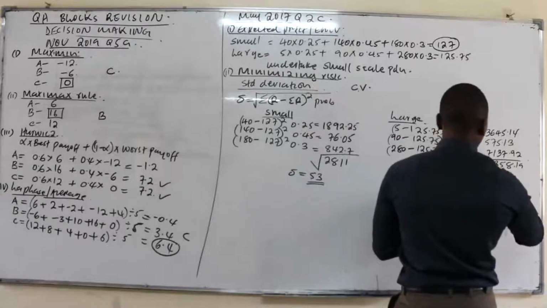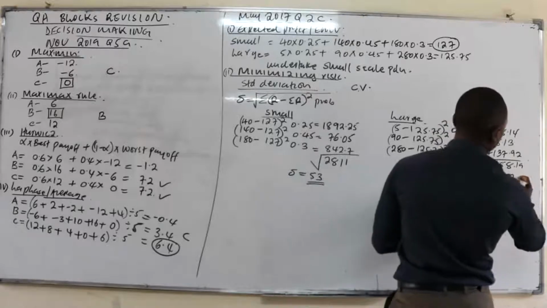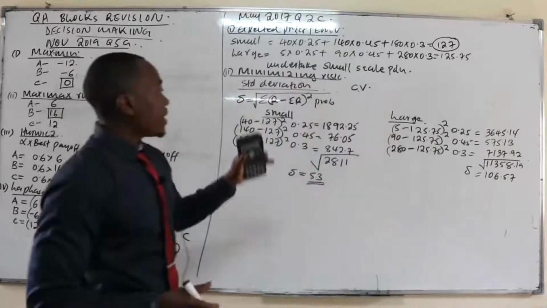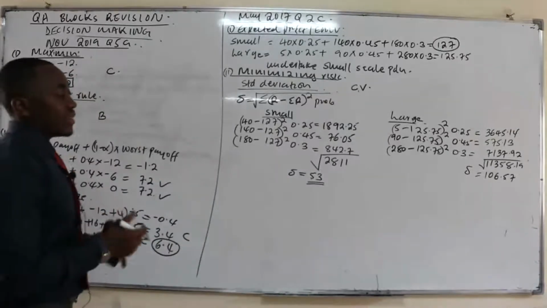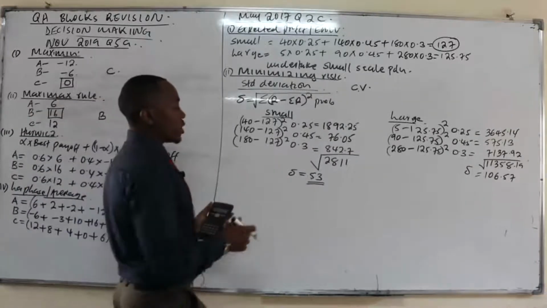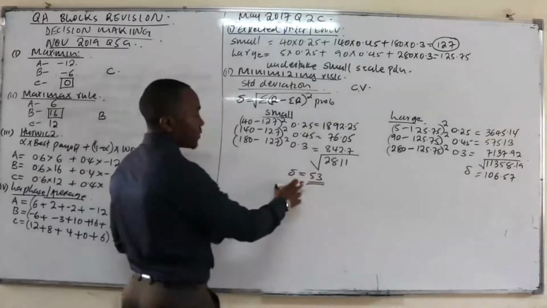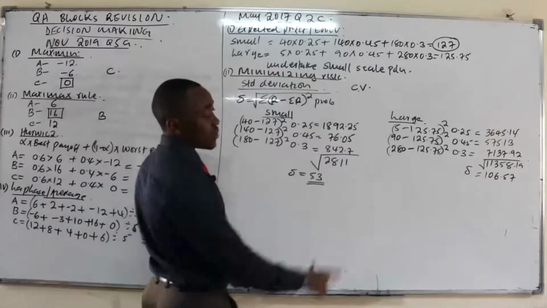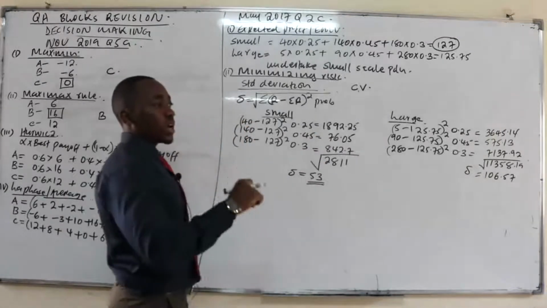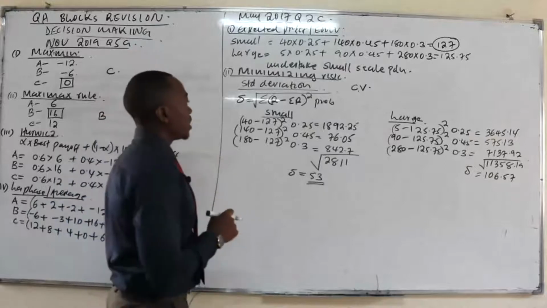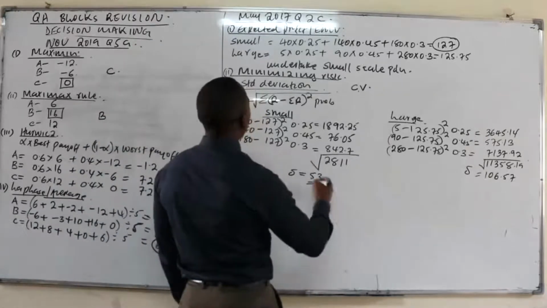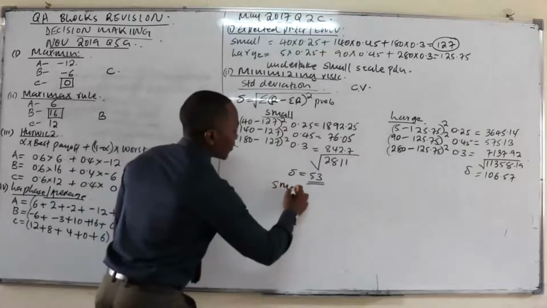You get 106.57. Remember, the standard deviation is a measure of risk, and the higher the value, the higher the risk. So based on the standard deviation, for small scale we have 53, and for large we have 106. You take the one with the lowest risk, and in that case they should also adopt the small scale.